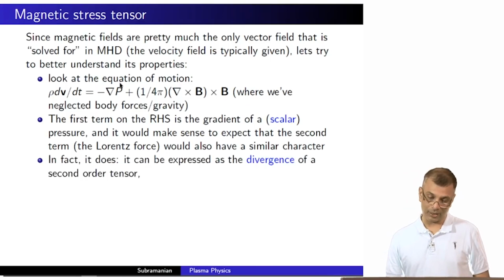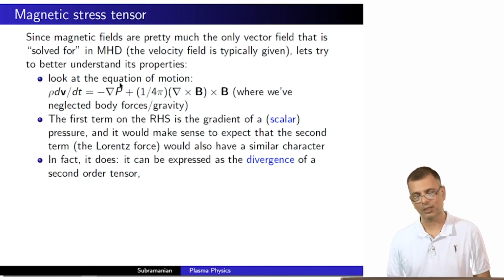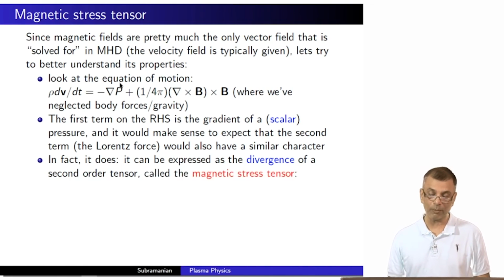In fact, it does. It can be expressed as a divergence of a second order tensor, which is called the magnetic stress tensor.